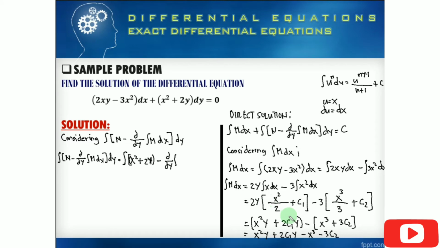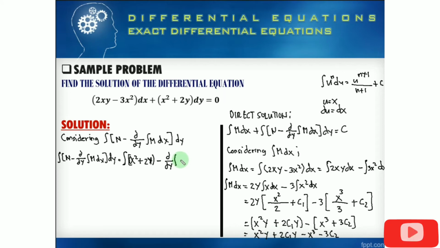So if we replace these with c3 and c4, we will probably have this one here. Our c1 is just equivalent to c3, and our c2 is just equivalent to c4. So actually we can use this one here.